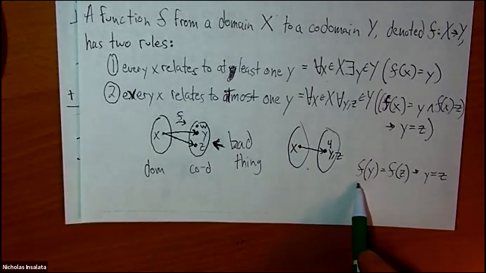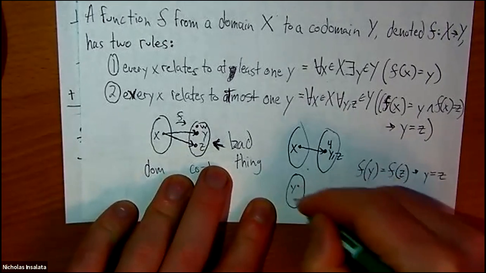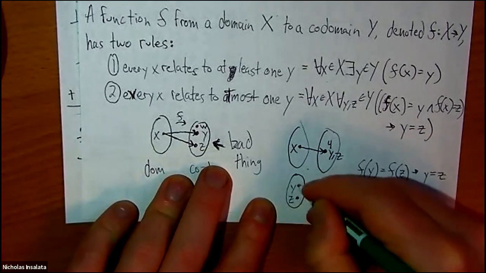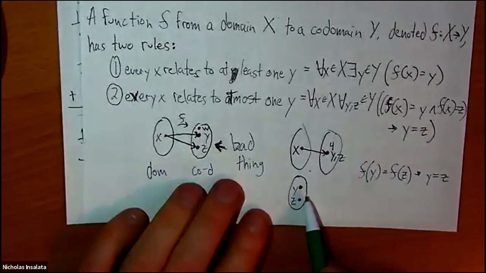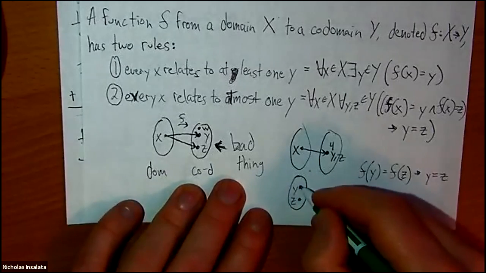So if f of y equals f of z, that means you have y and z in the domain. So for your example here, you have a y and a z like this, and what you said is f of y equals f of z.